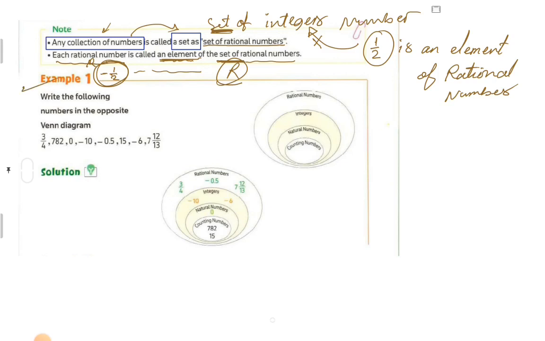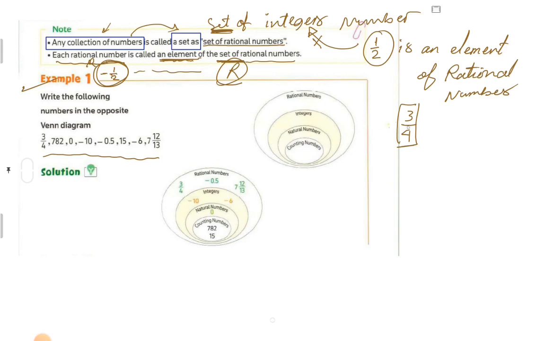Example number 1: write the following numbers in the opposite Venn diagram. I need to distribute all these numbers in this Venn diagram. Let's start. First we have 3/4.